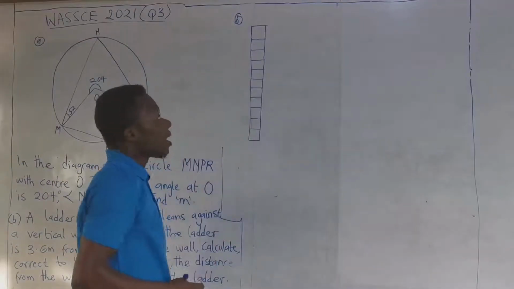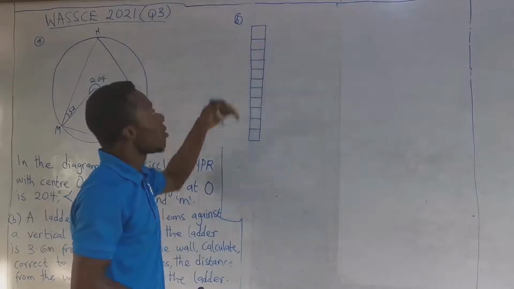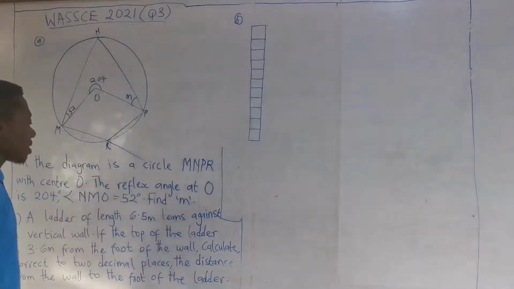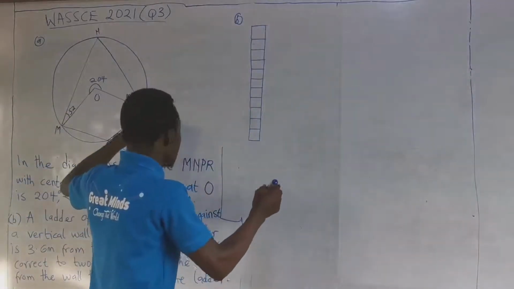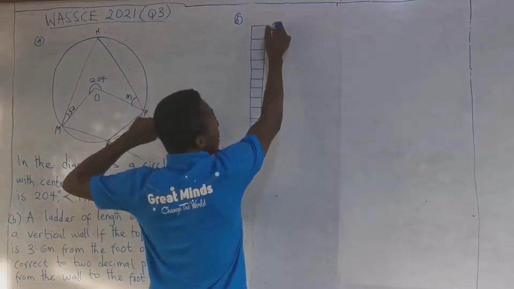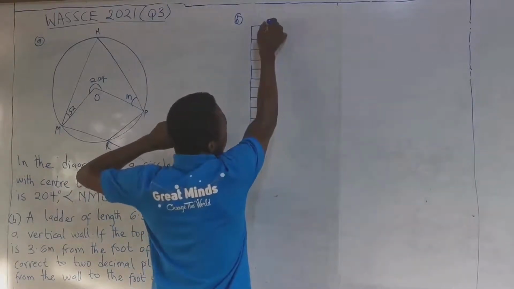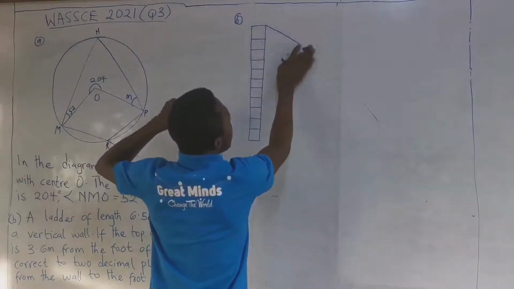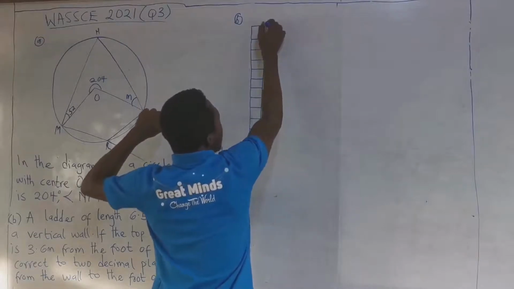This is my ladder, my wall. They are saying that a ladder of 6.5 meters leans against this wall. So when it leans against, it forms a diagonal line, something like this. Let me take this so that you can see it clearly.